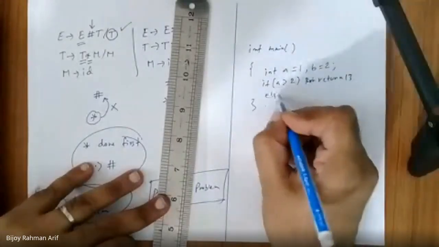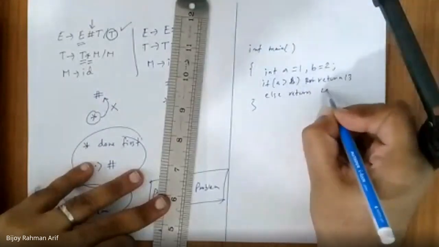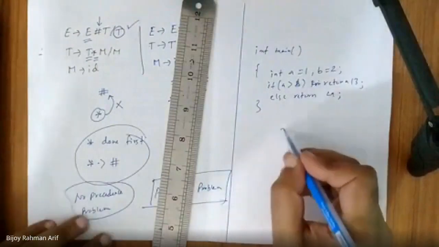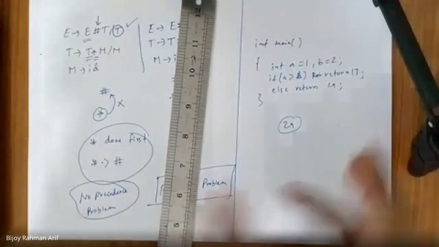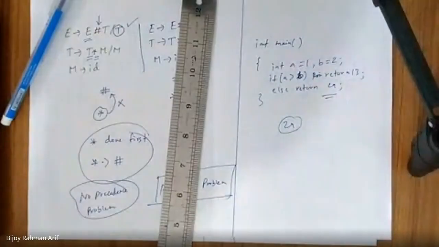Else return 29. So what would be the output? Definitely 29. So there is no ambiguity in this output, right? So I'm going to give this kind of small snippets of code. You should give the correct answer.